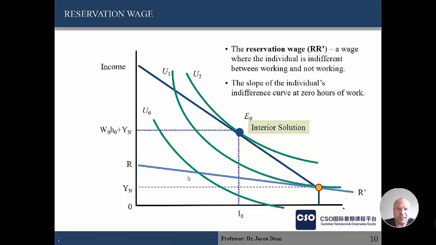So if we draw a line through here, R and R prime, this line is the reservation wage. If the wage that the person can get in the market is anything higher than this, then it will become tangent to their indifference curve at a positive number of working hours.